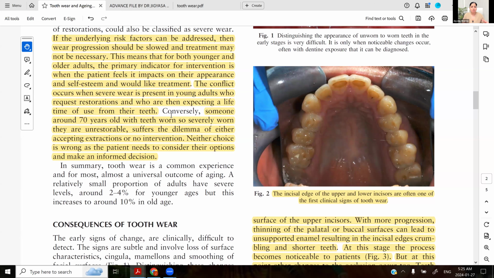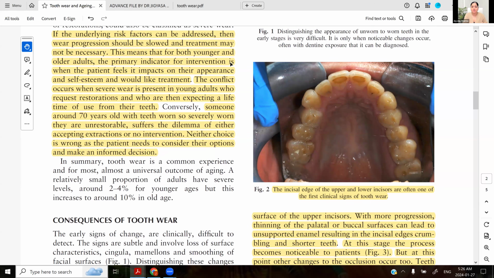Conversely, a 70-year-old with teeth worn so severely that they're unrestorable can sometimes struggle between the choice of accepting extractions or no intervention, right? And sometimes a younger patient can have very severe wear, but may say, okay, give me crowns, but then they should serve me for life. Well, that won't be possible, right?